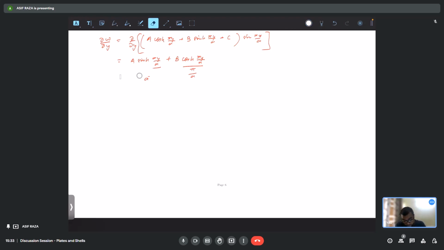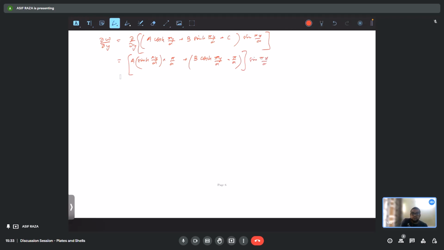Oh, why am I taking it as a denominator? I should take it as pi y by a times pi by a. Likewise B cosh(alpha pi y by a) times pi by a, plus, since C is a particular integral, this would be 0, and multiply the term sin(pi x by a).